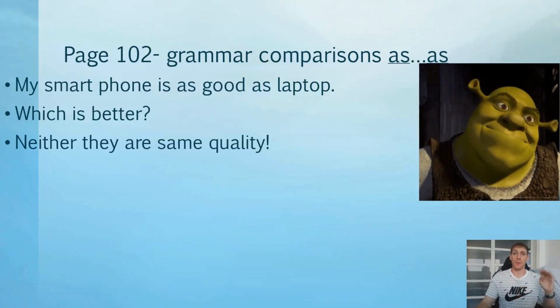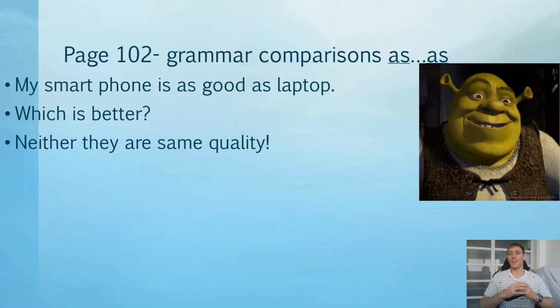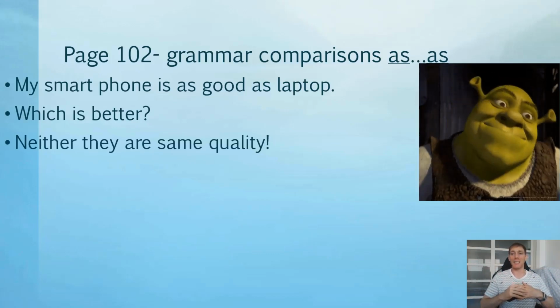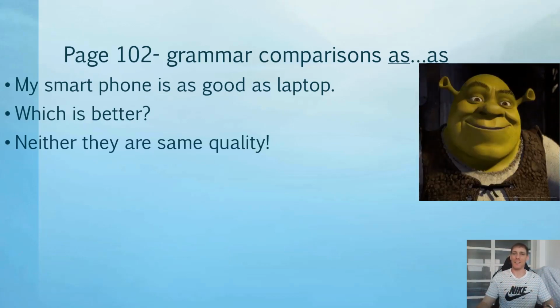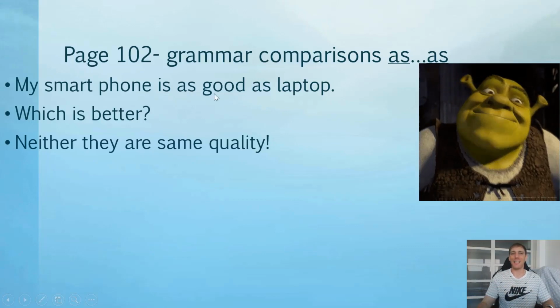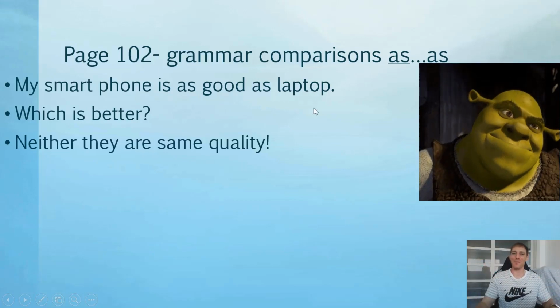Neither. We use as and then some adjective and then as to say that they are the same. Always we have is. Now sometimes you might need to put are. Remember that, okay? It depends if it's singular or plural. So my smartphone is as good as my laptop or as good as the laptop. They're the same, so no problem.